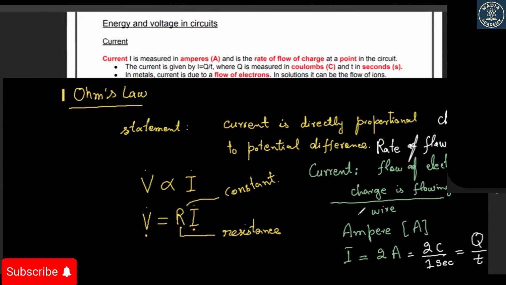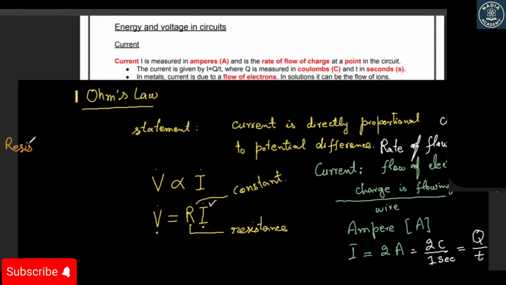So now we understand that current is the rate of flow of charge. Mathematically, the rate of flow of charge is charge divided by time. This is what current is. Now, current has been defined. Next, let's go to the next thing to understand, and that is resistance.